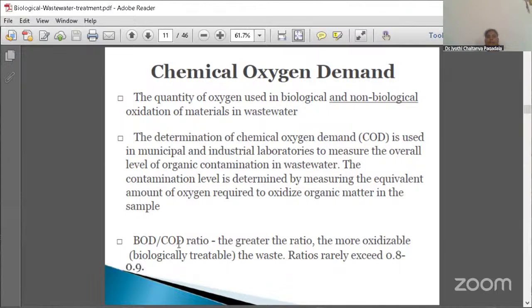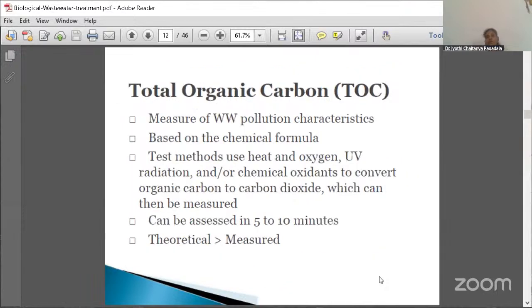For example, in the BOD by COD ratio, the greater the ratio, the more oxidizable, biologically treatable waste there is. The ratios rarely exceed 0.8 to 0.9.